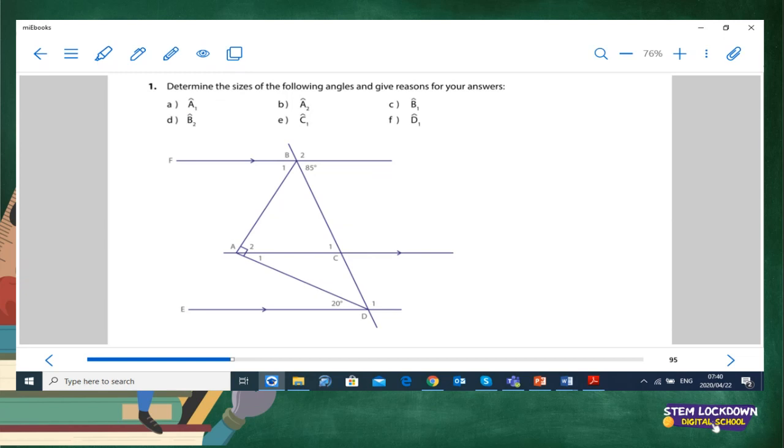Those are the angles that I want you to solve. And of course, you can use all the knowledge that we have gathered today in as far as parallel lines are concerned. You can see we have the line FB, which is parallel to the line ED. You also have the triangle ABD there, where A is 90 degrees.